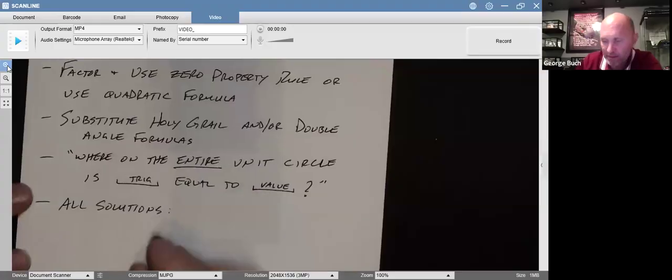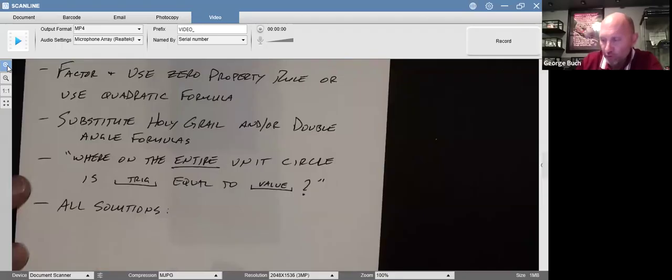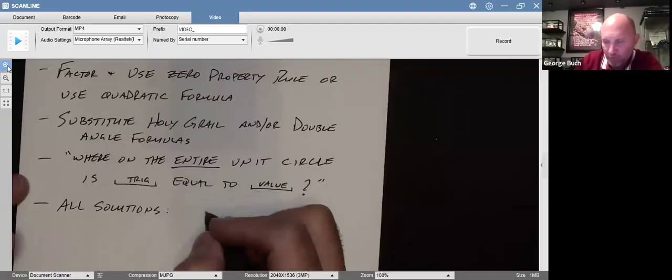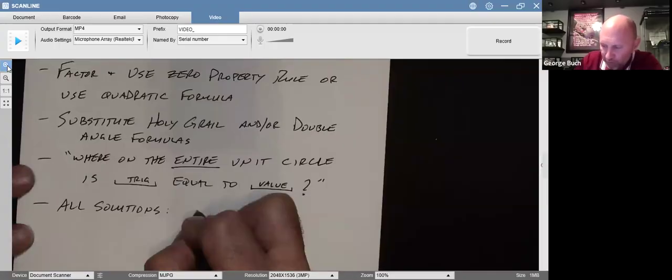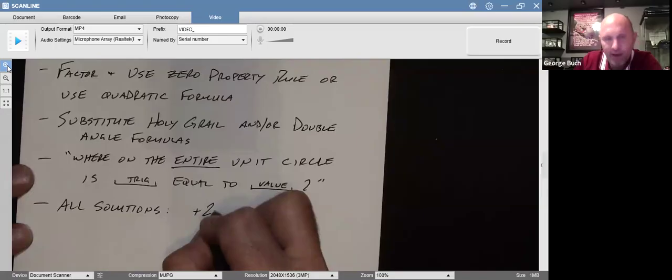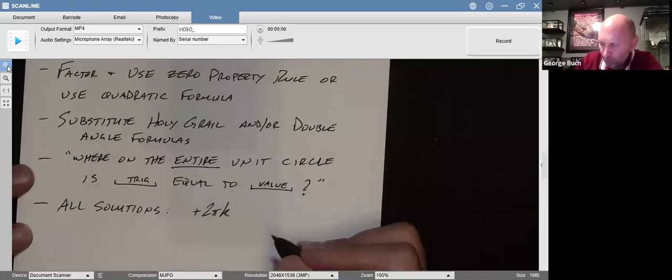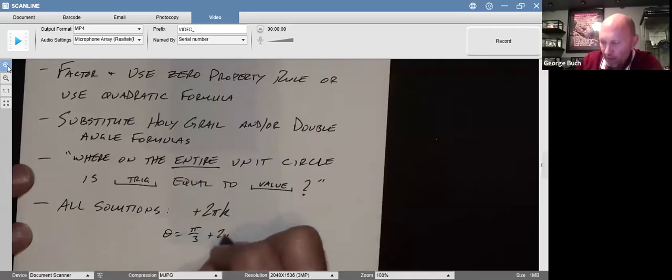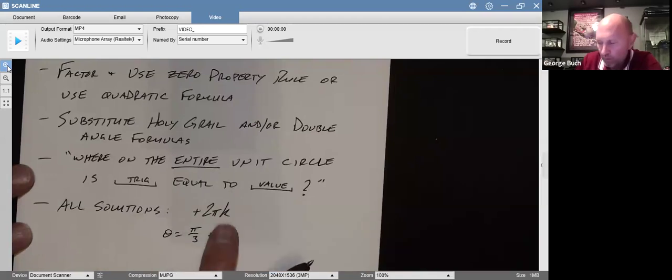So to notate that, if it says find all the solutions, you're going to write whatever the value is. For example, theta is pi over 3 plus 2 pi k. When k is 0, this is gone, my answer is pi over 3. When k is 1, it's pi over 3 plus 2 pi.